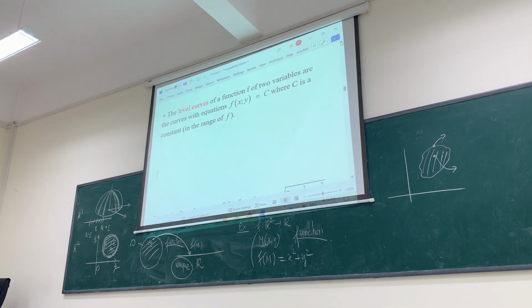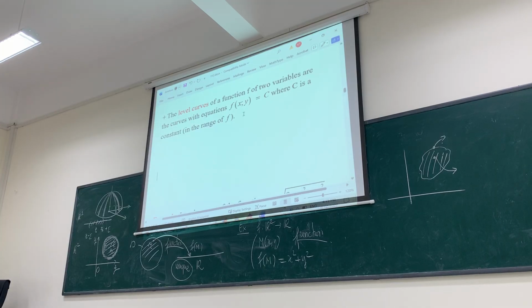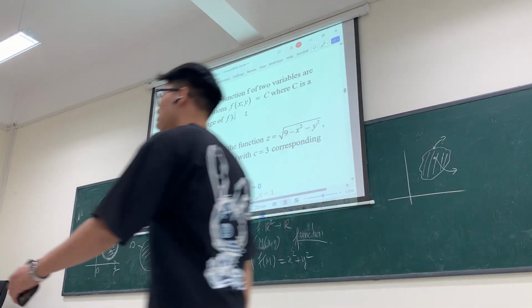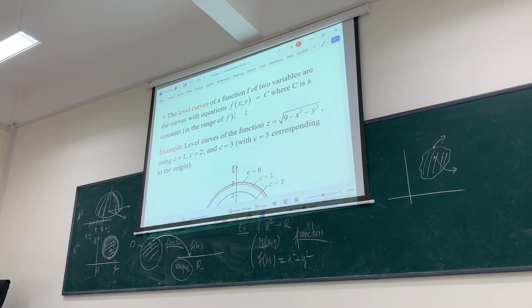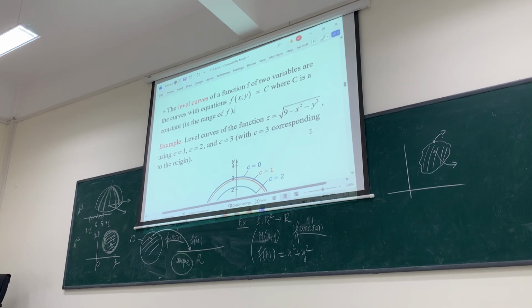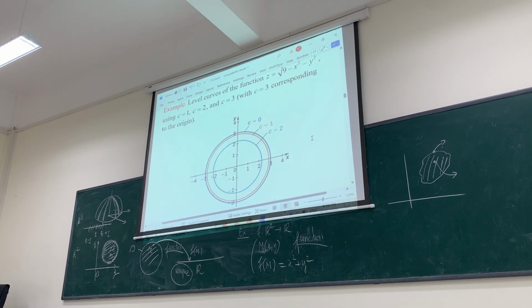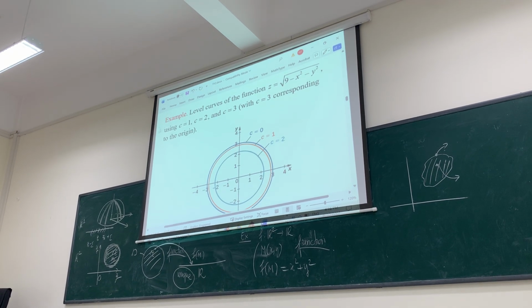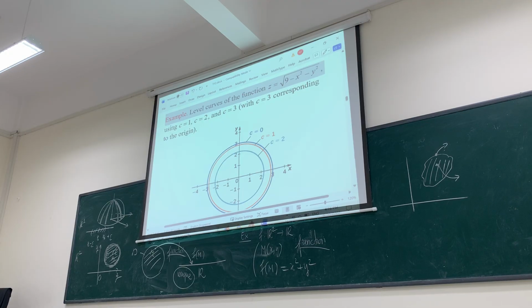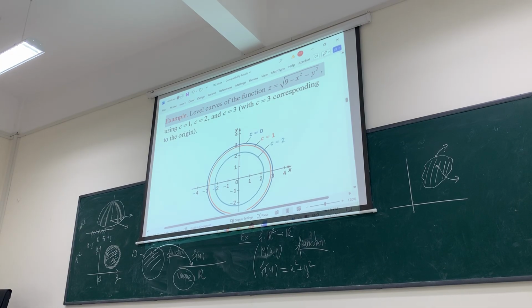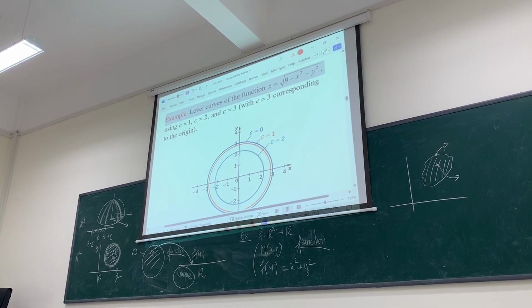Okay. Now, let me give you an example. You want to draw the level curve in the Oxy plane. Now, we want to express the level curves of the function z equals square root of 9 minus x squared minus y squared. We can take c equal 1, 2, 3. Now, let's see.